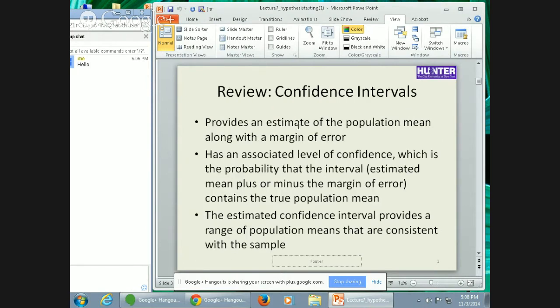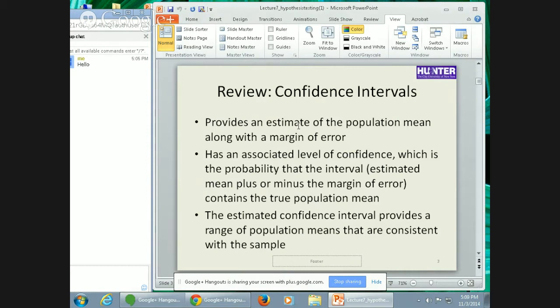So first, a review of the confidence intervals. We use these when we are estimating a population mean from a sample and wanting to express what our uncertainty in that population mean is. So we can get a point estimate from the mean of the sample and then a margin of error around that point estimate, which expresses what range plus or minus from that point estimate we think the true population mean is.